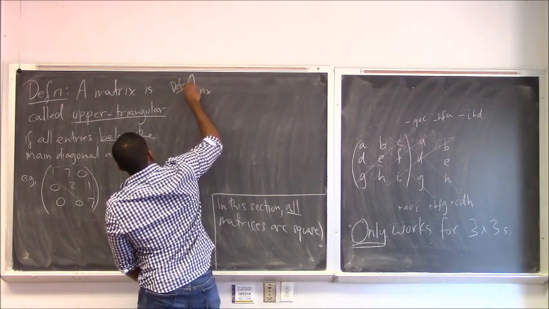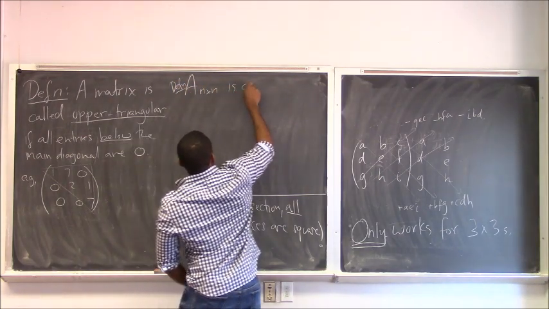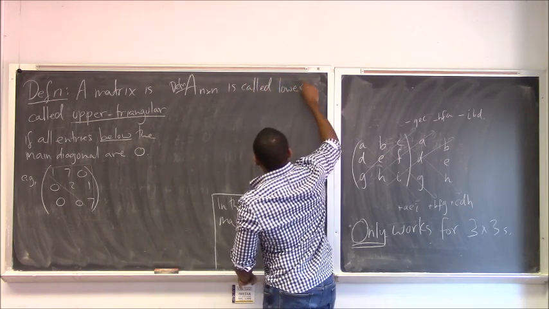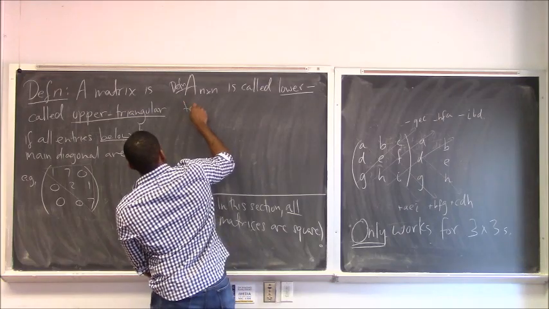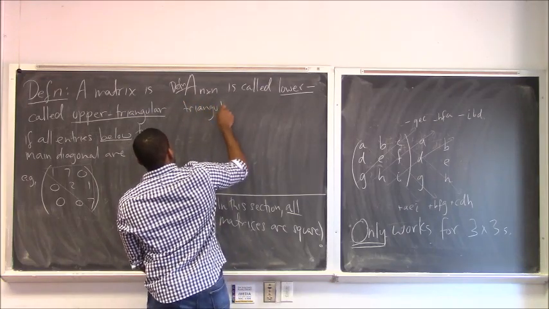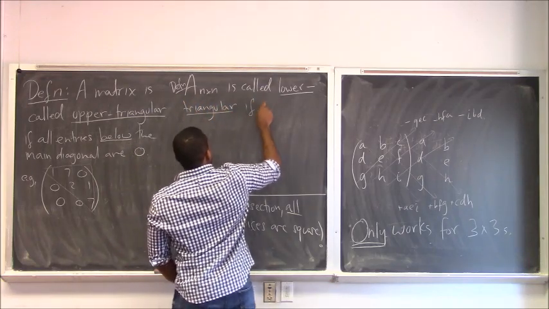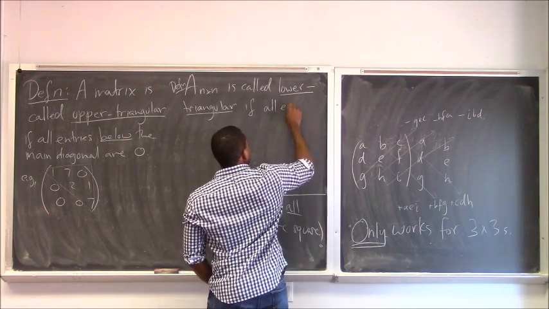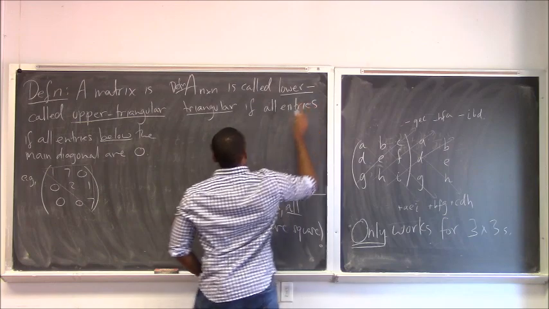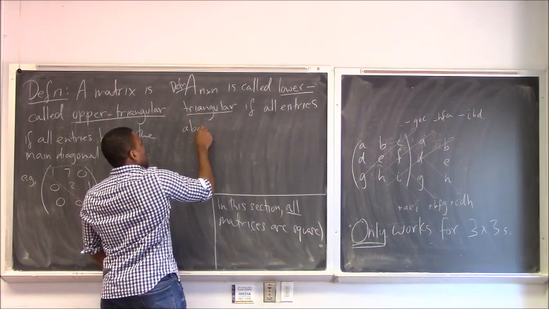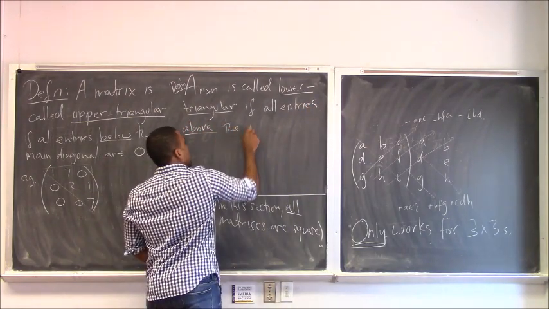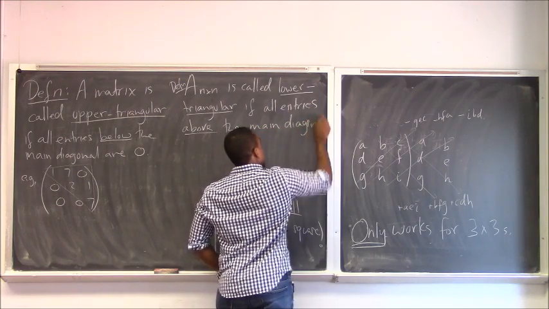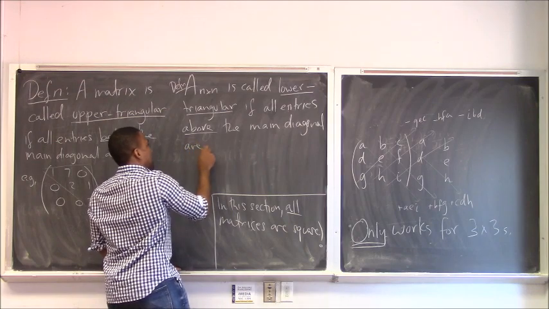Another definition: an n by n matrix is called lower triangular if all entries above the main diagonal are 0.